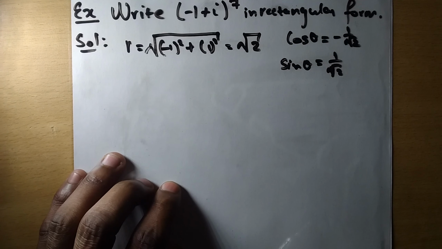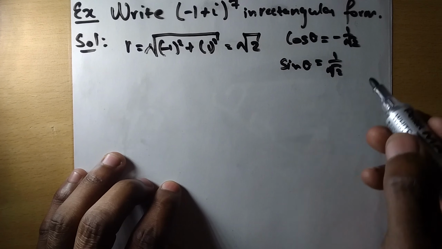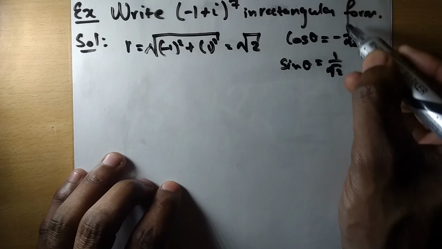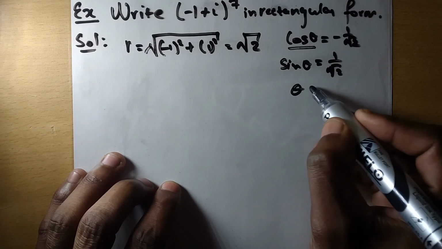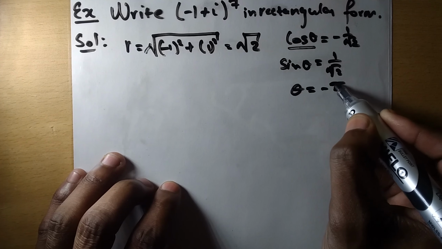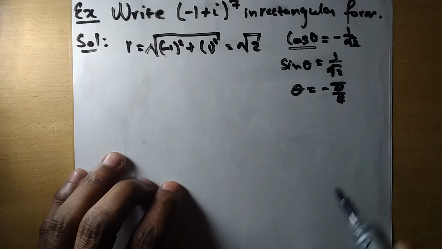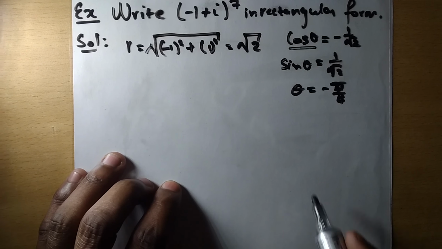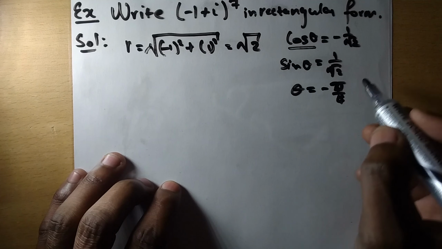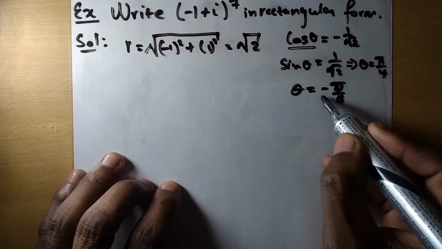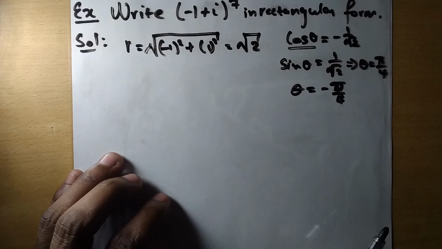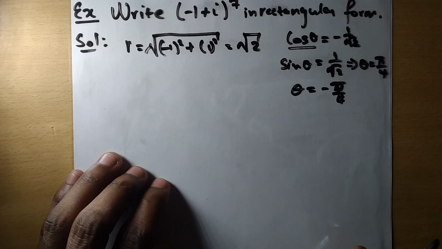Now, first thing first, with the cos of theta, we're going to have that our theta is -pi over 4. And then with the second one, we are going to find out that our theta is equal to pi over 4. So we got -pi over 4 and pi over 4. Now how do we solve this?